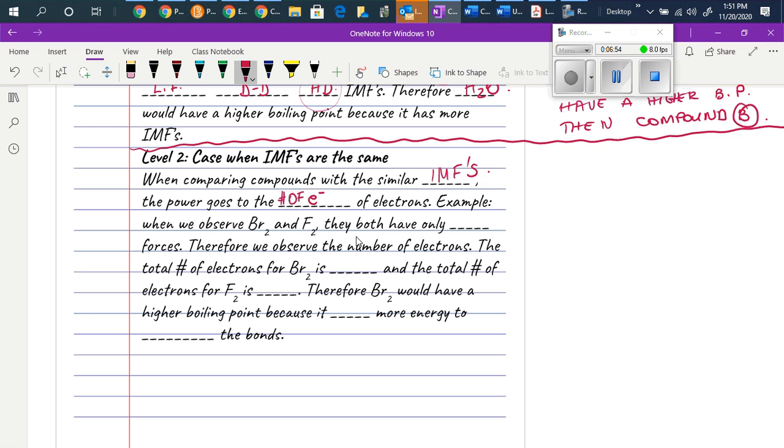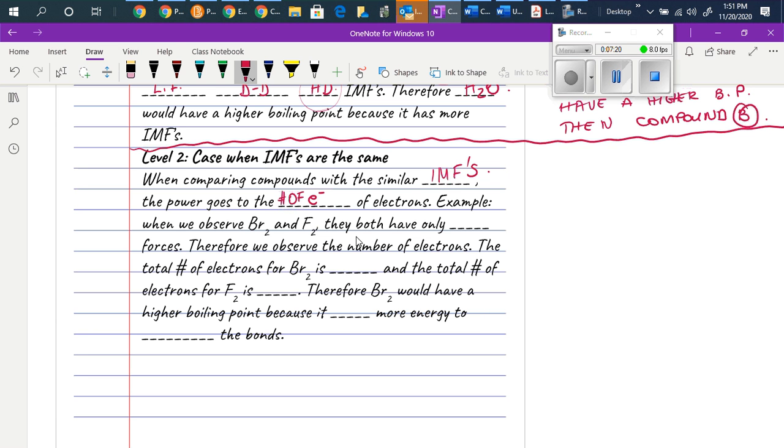The higher the number of electrons, the higher the interaction force between the electrons, because there are more electrons. Therefore, it requires more energy to break it.